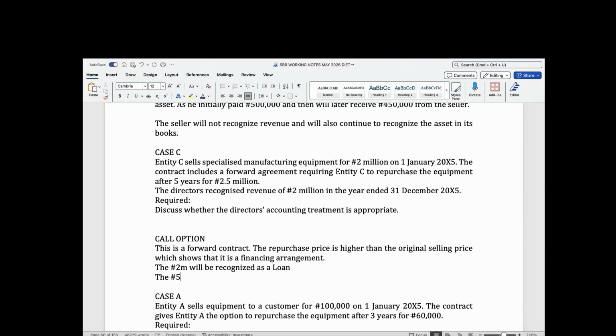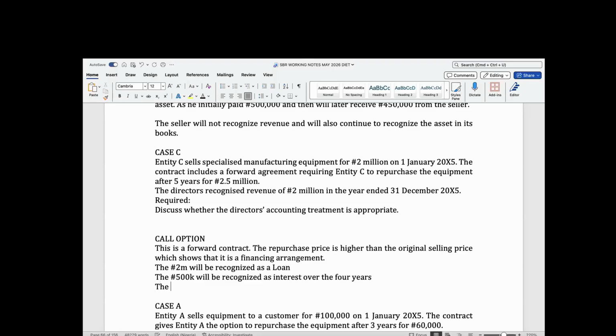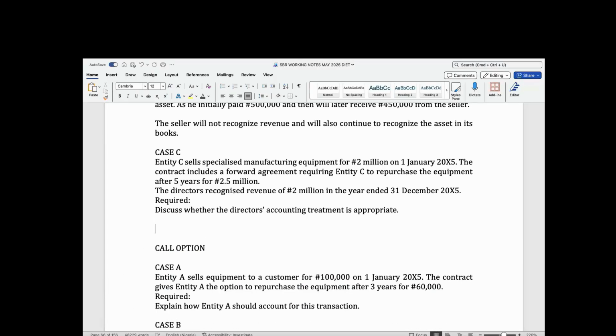The 500K will be recognized as interest over the 4 years. The 2.5 million will be recognized as a payment of loan. Okay. This is the solution.